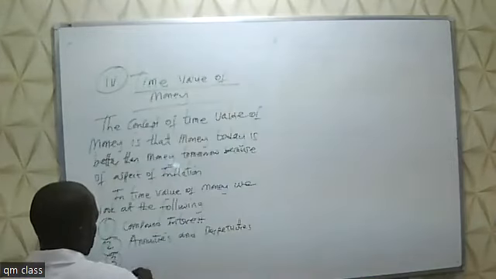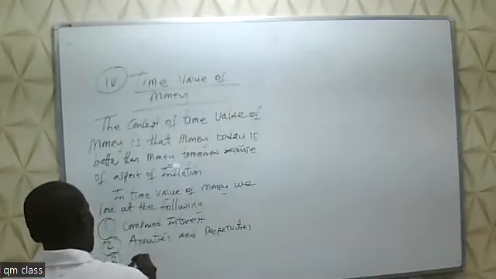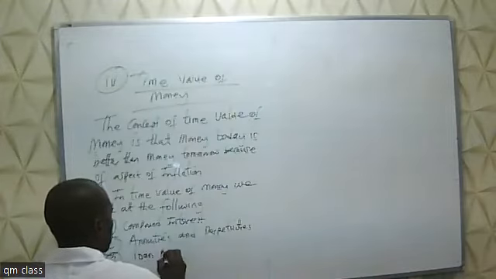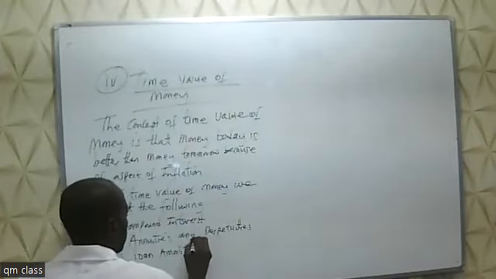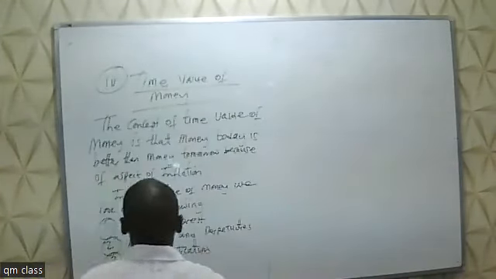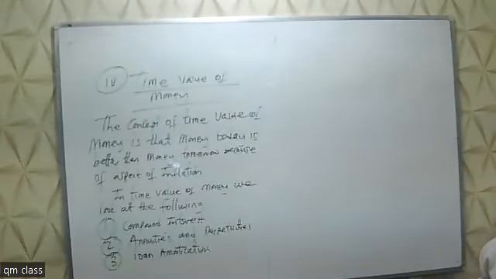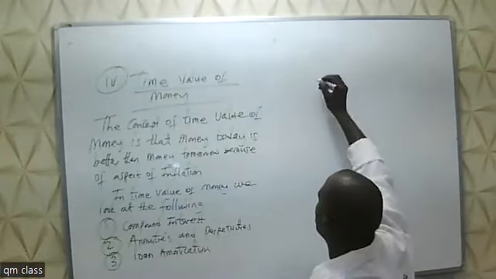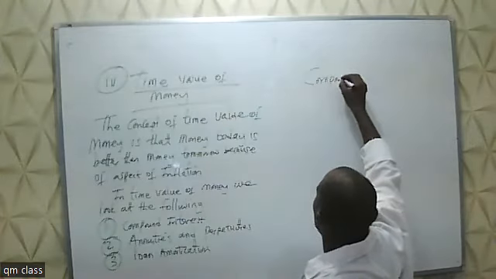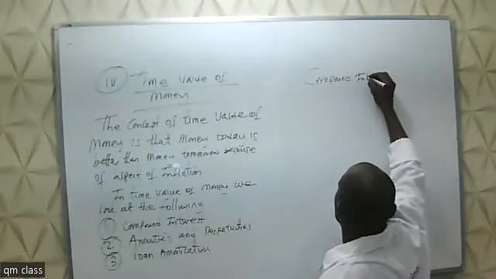We also look at loan amortization. So we have these ones that we consider as we look at the concept of time value of money. All right, so let us look at the first one, the compound interest.